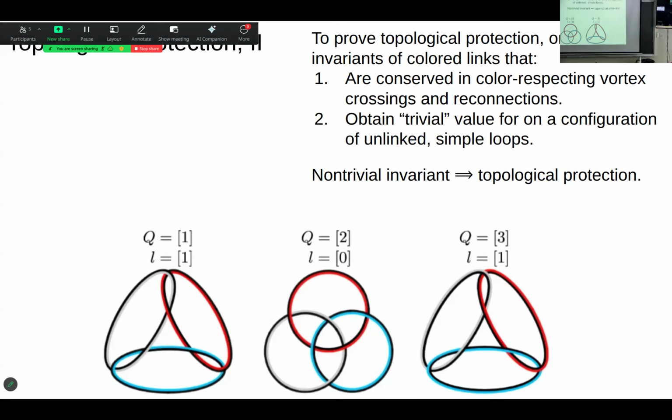You take that number modulo 2, so either 0 or 1, depending on whether it's even or odd. This has both of these properties, and it's easy to compute for all of these. The answer is 1 in both of the outer cases, and in the center, it's 0.